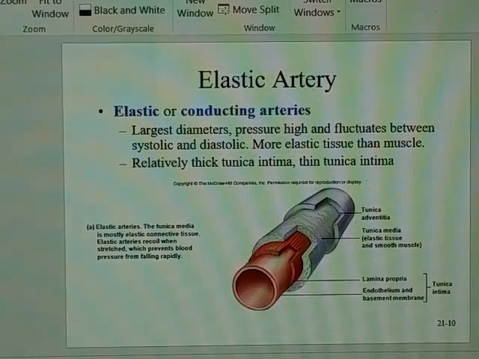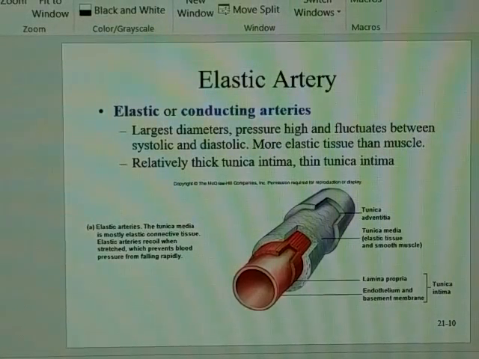So as we look at those types of arteries, like the elastic and the muscular, the elastic arteries are also termed conducting arteries. They are under extreme pressure. They have a very large diameter.